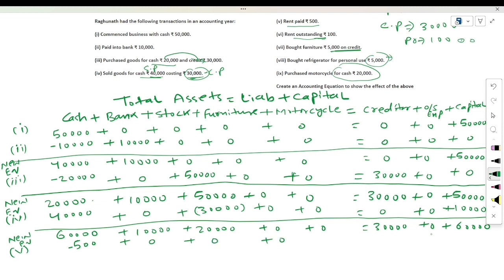Here no impact. Here also no impact. No impact. 0. And here your capital will be decreased by 500.